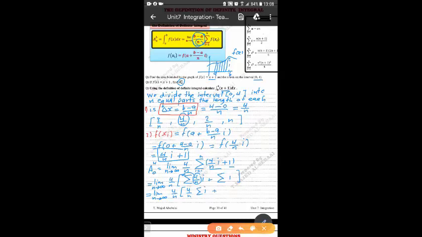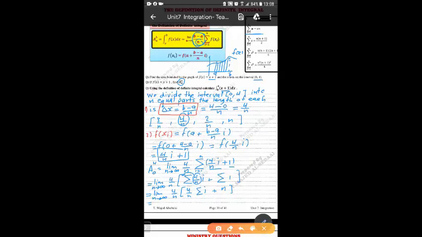I can use this property to find it: the summation of any number is the number multiplied by n. This is the summation of 1. Summation of 1 is 1 times n, so it will be n. Okay? How can we finish?